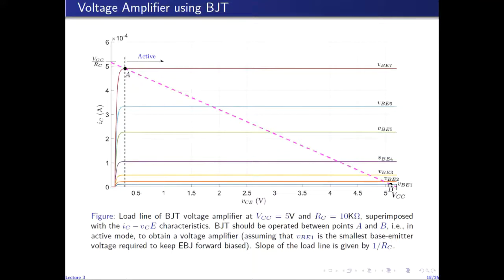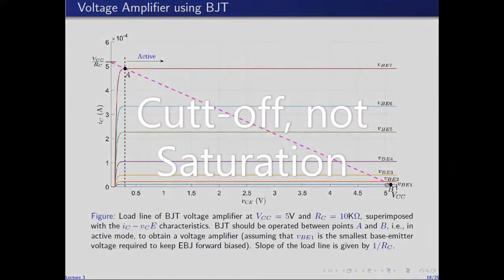Similarly, considering the intersection of this load line with this blue curve designated by VBE1, so this is the IC-VCE curve when the base emitter voltage is equal to VBE1. For base emitter voltages less than VBE1, the device enters cutoff.